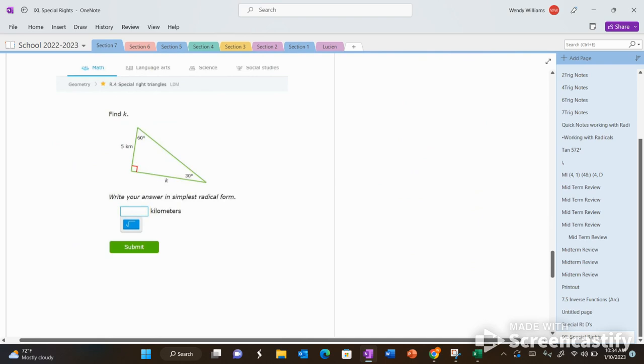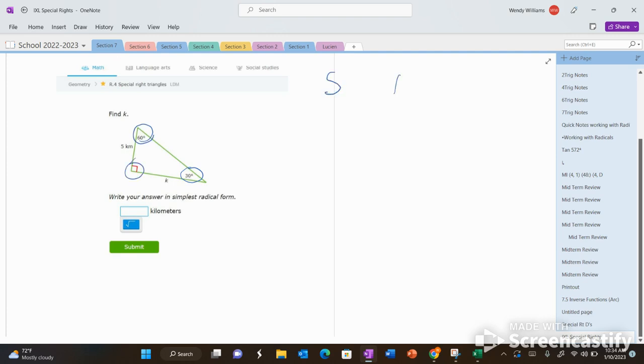Okay, here we go. The hardest part is identifying what are they giving me and what are my comparing. All right, this time I'm not going to draw the triangle. I'm going to say it's a 30, 60, 90. So we have small, medium, hypotenuse.